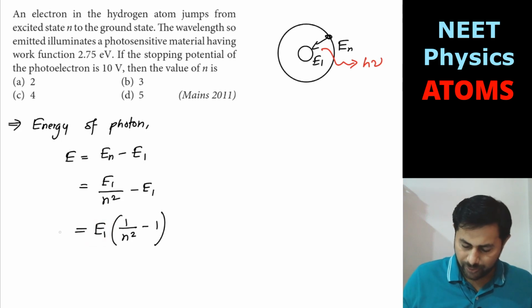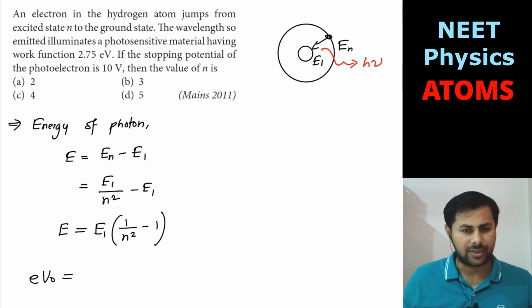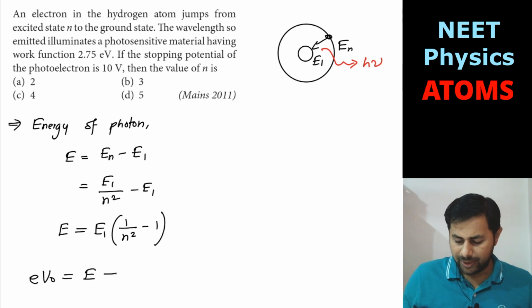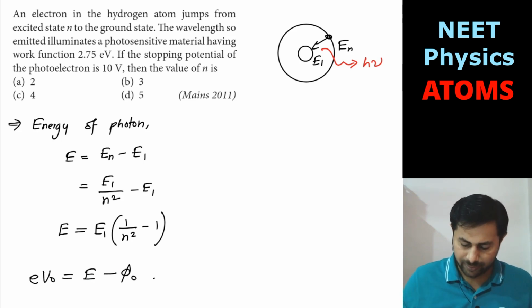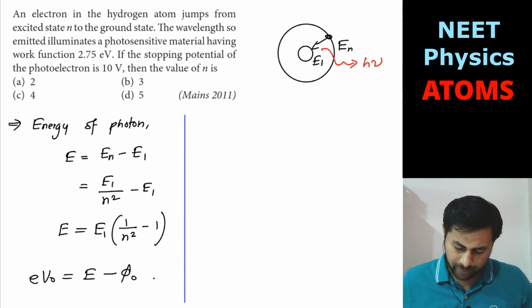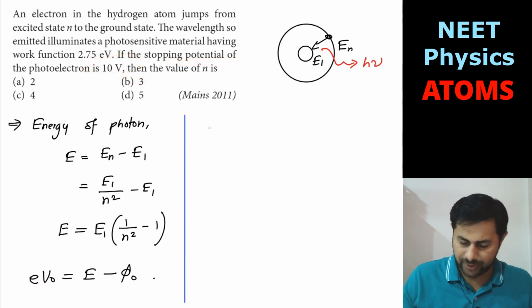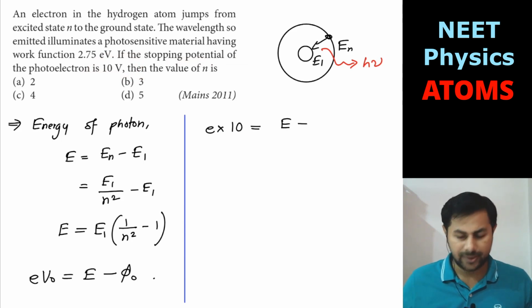Now this photon strikes a photosensitive material, and for that we can write Einstein's photoelectric equation: E times V naught would be equal to E minus phi naught. How much is V naught? Stopping potential is 10 volts, so it's E times 10 volts is equal to E minus phi naught.